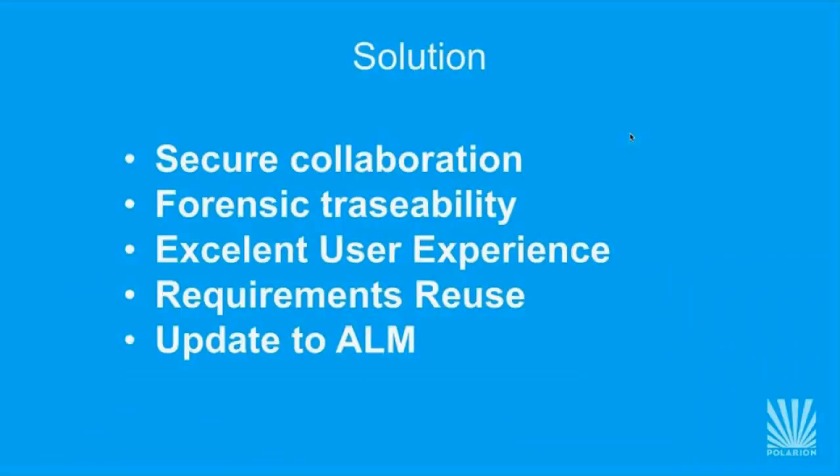Today we speak about the top 5 pillars, the top 5 reasons to consider Polarion. I will go through each of them: secure collaboration, forensic traceability, excellent user experience, requirements reuse, and also the upgrade to a full ALM, which is a very important driver for Polarion.